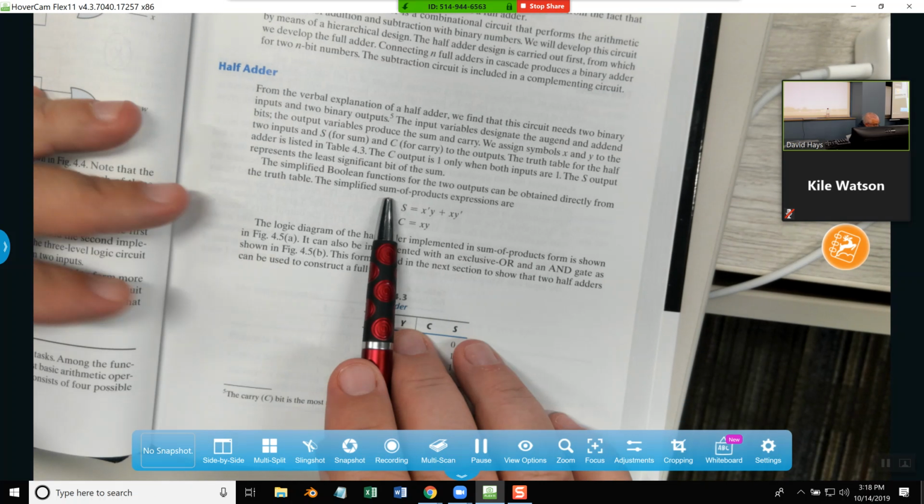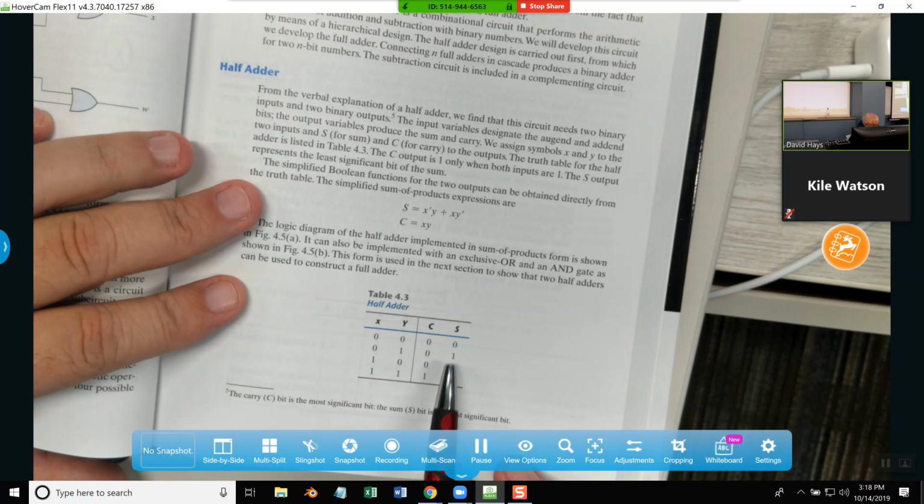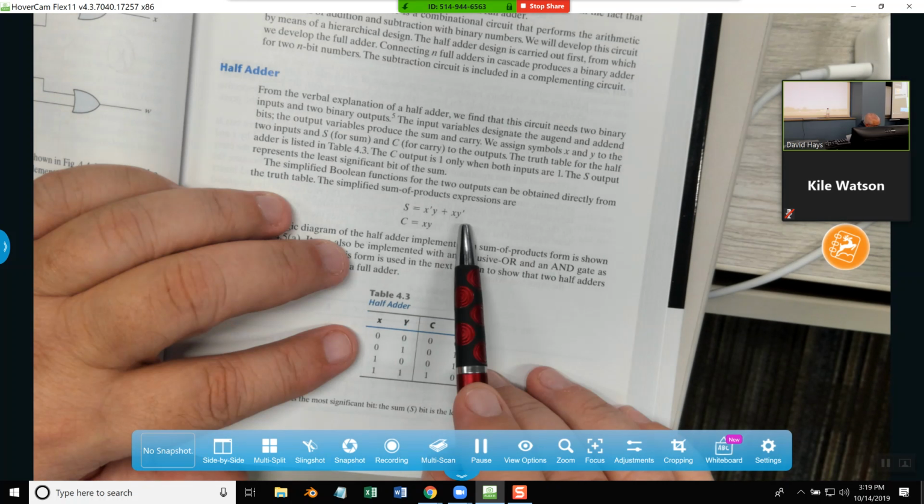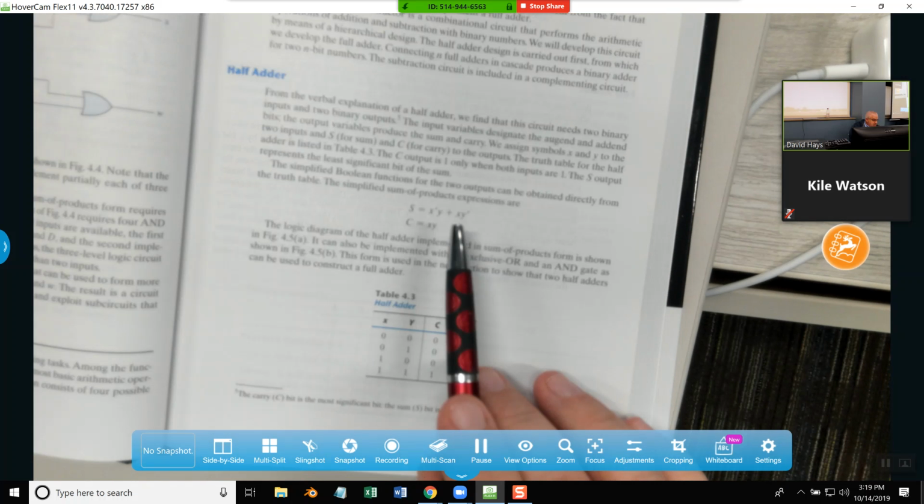I need X prime and I need Y prime. X prime would be 1 1 0 0. Y prime would be 1 0 1 0. I need X prime Y. So X prime and Y, multiply these together. 0 times 1 is 0. 1 times 1 is 1. 0 times 0 is 0. 1 times 0 is 0.